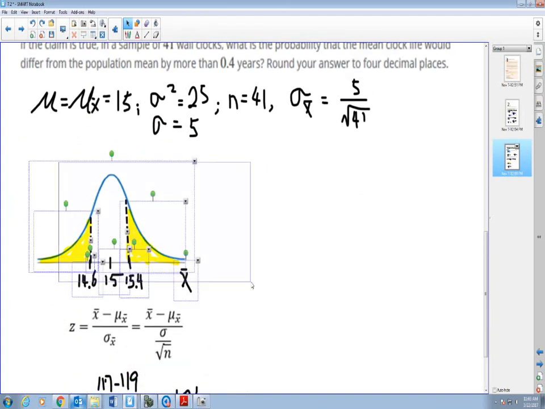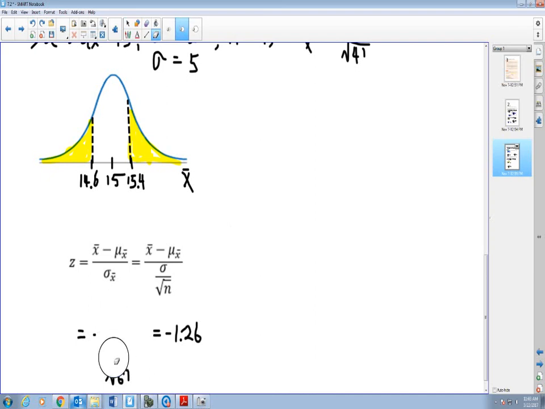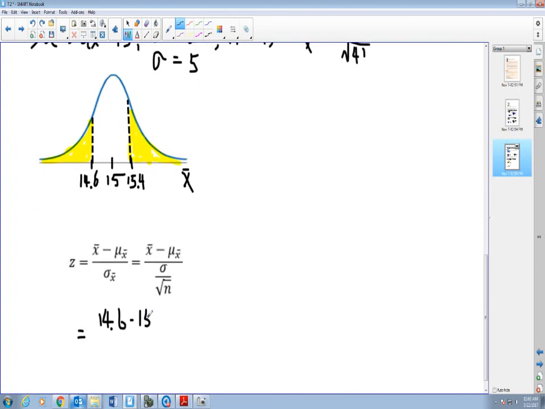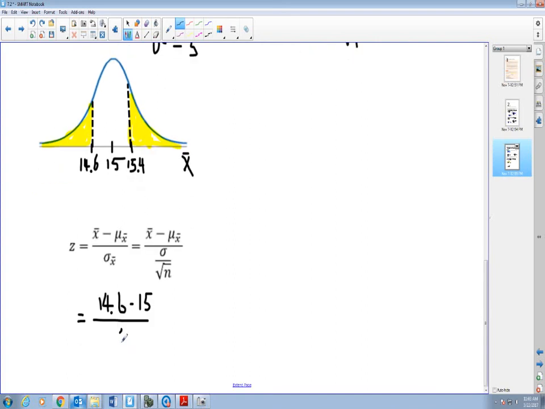So it's going to be 14.6 minus the mean of the distribution, which is 15. That will give me negative 0.4, divided by 5 over the square root of my sample size 41.